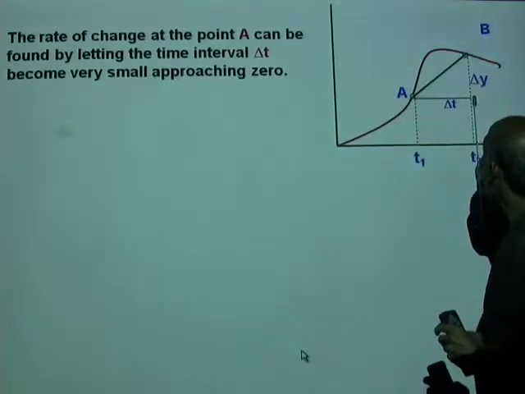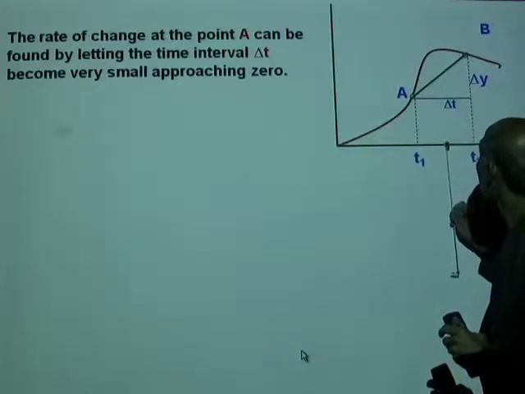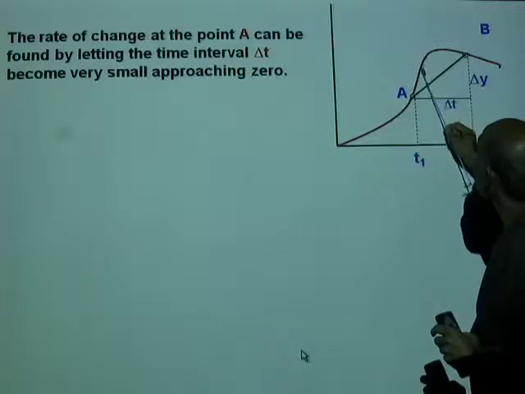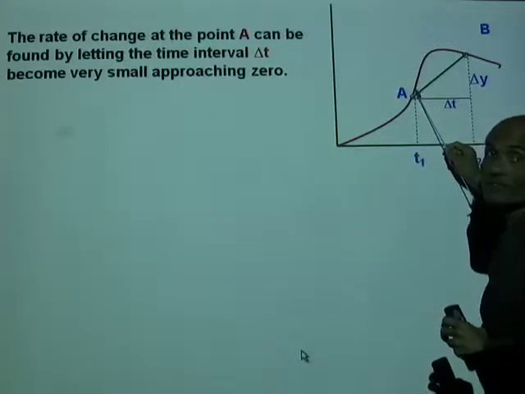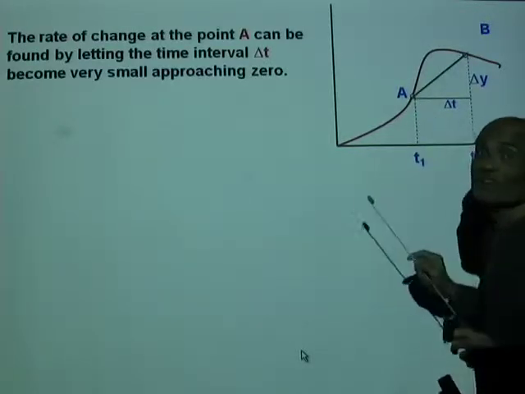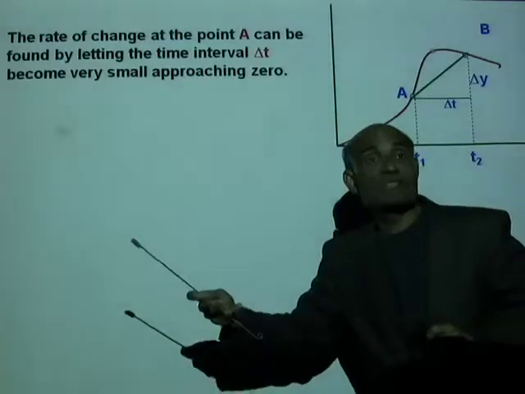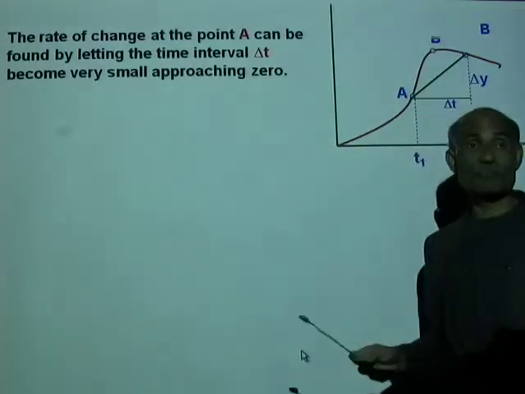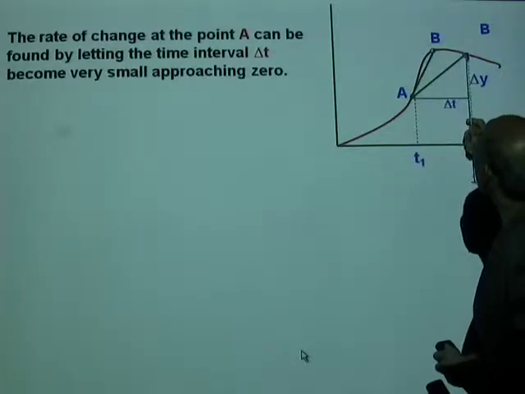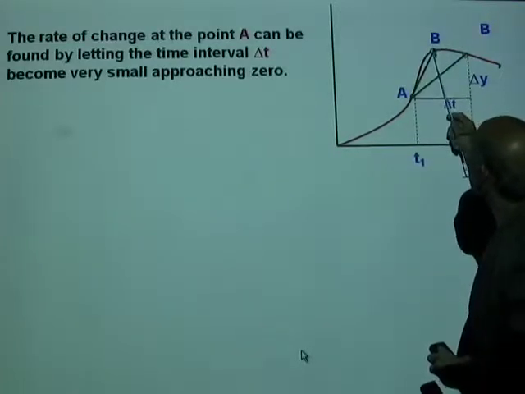That means as the time interval becomes smaller and smaller, this point B will come closer and closer to A. Is that right? That means this secant line will almost become the line representing the curve itself at that time. So let's take point B over here.